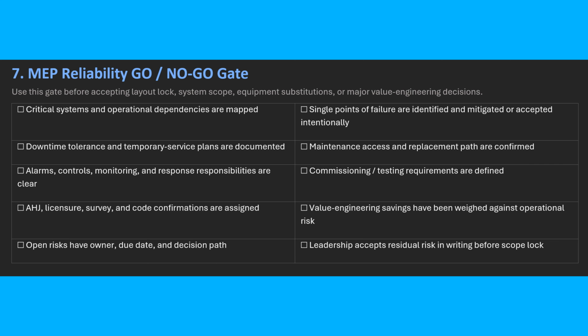Value engineering savings have been weighed against the operational risk, and open risks have an owner, a due date, and a decision path. If an open MEP issue could change the layout, system, scope, cost, phasing, commissioning, or operational continuity, it's a no-go until that issue is resolved.